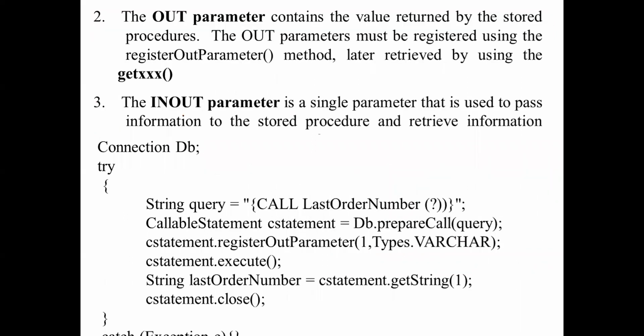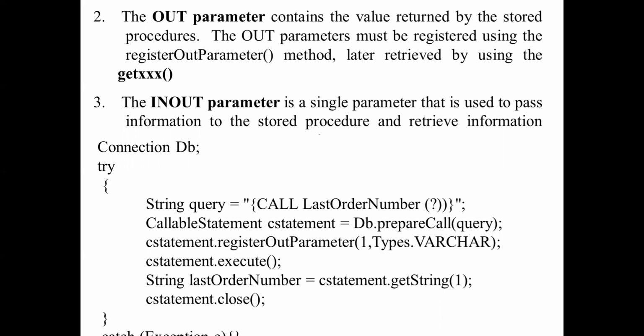When the stored procedure returns a value through the OUT parameter, the OUT parameter must be registered using the registerOutParameter method. This is very important. When you retrieve the value from the stored procedure, you must register it using the registerOutParameter method, and later we can retrieve it using the getXX method.